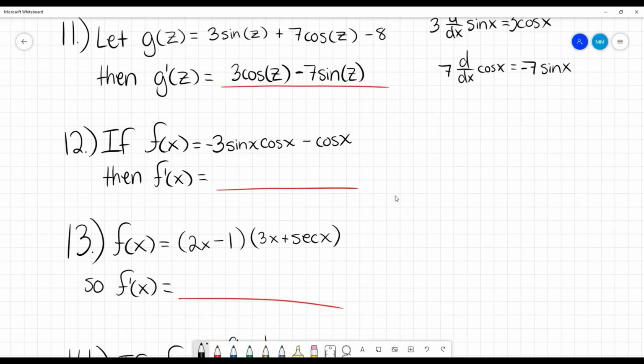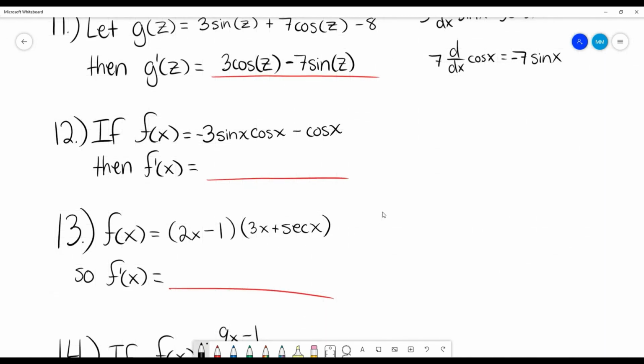The next one is trickier because in this case right here, we aren't adding, we're multiplying. So what we have to use is the product rule, which we should have learned in this chapter.